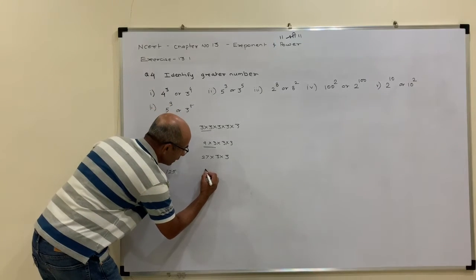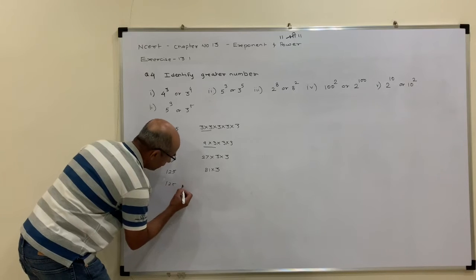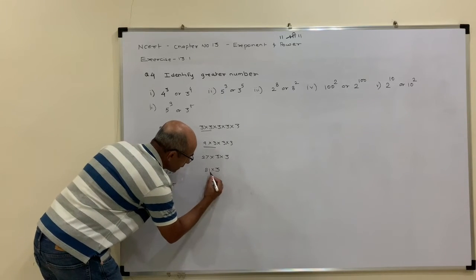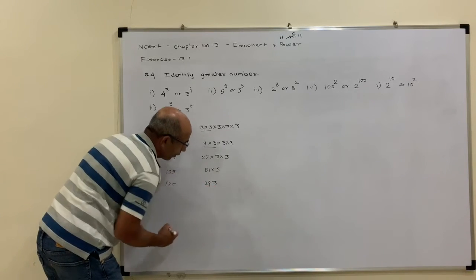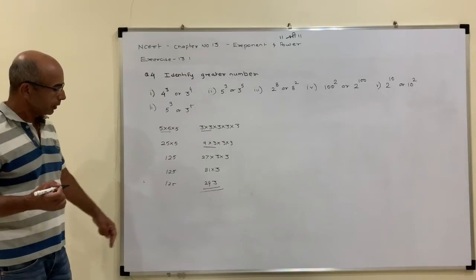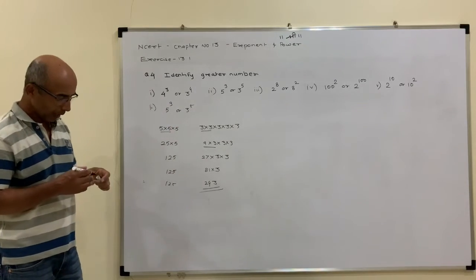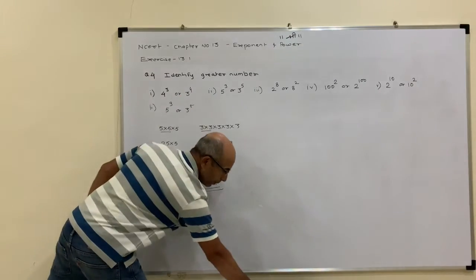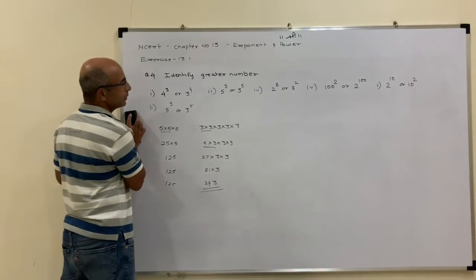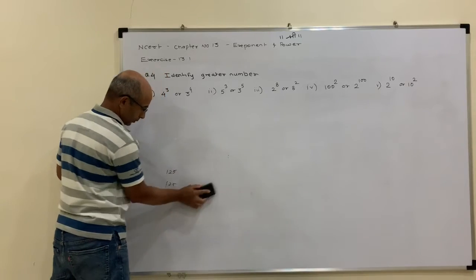So 27 3s are 81 into 3. So 125, and then 3 1s are 3, 8 3s are 24, so 243 is the larger number in the second one. Likewise, we'll move on to the next problem, the third one.